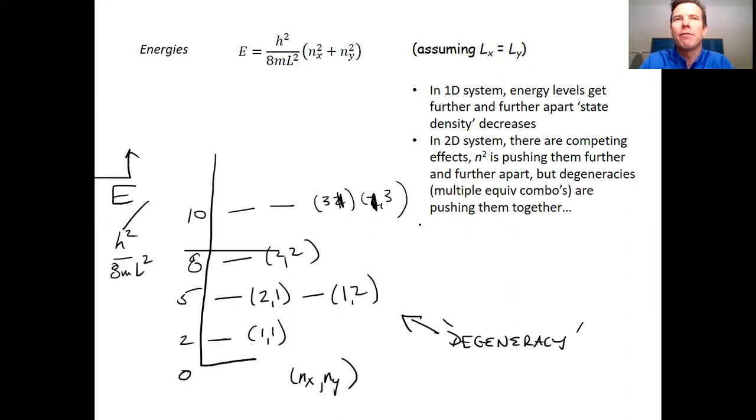And these are competing effects. We're not going to talk about it here, although maybe we'll a bit later in the course or perhaps in some of the applications. But this has really interesting implications for quantum confined systems. If I could make a two-dimensionally confined system, you get some really interesting results with regards to their solid state physics behaviors.